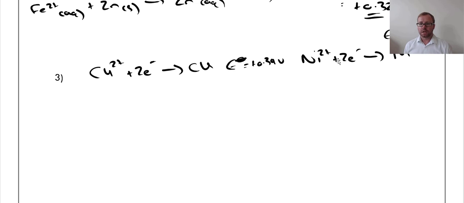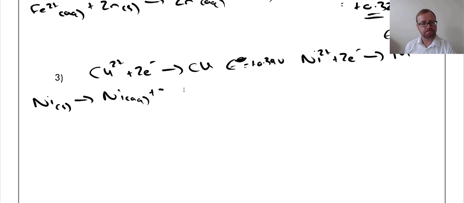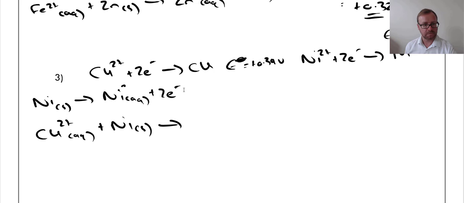And lastly, my most negative is nickel. So this will become my oxidation equation. I can now add these two together. So Cu2+(aq) plus Ni(s) forms Ni2+(aq) plus Cu(s).